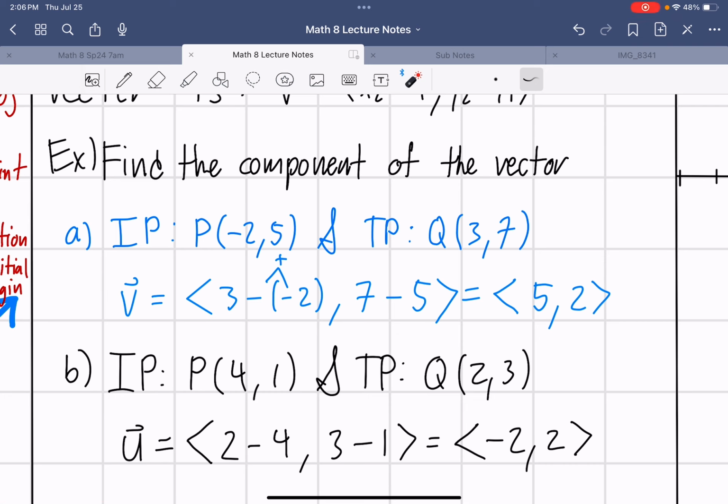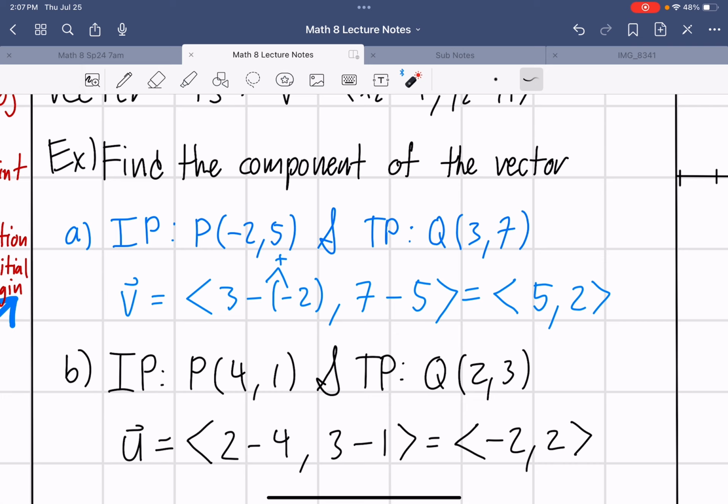But that didn't make a difference, because a positive divided by a negative is still negative, and a negative divided by a positive is still negative for a slope formula. But here, this matters because one might face upward and the other one might end up facing downward. Now, this doesn't change the length, but it does change the direction if you don't subtract in the correct order. So make sure you keep that in mind.